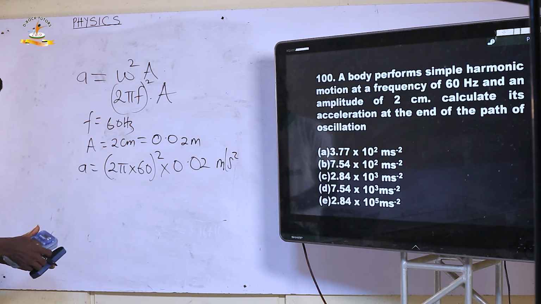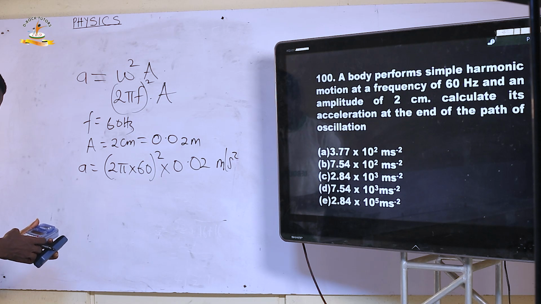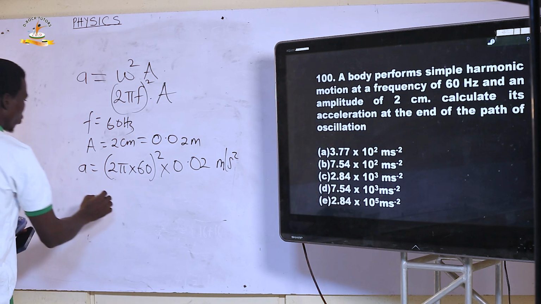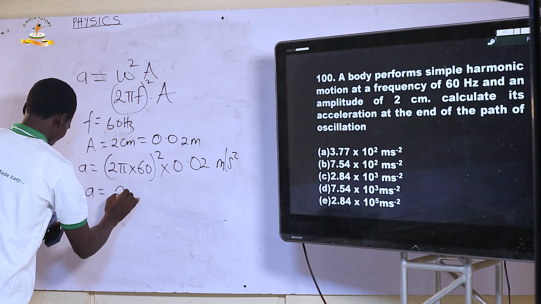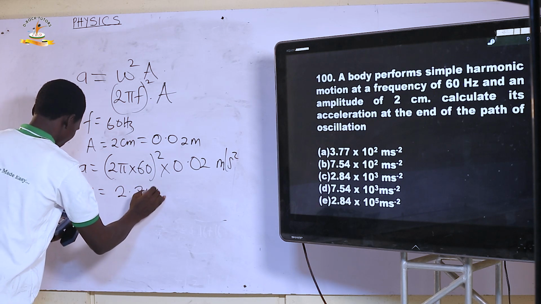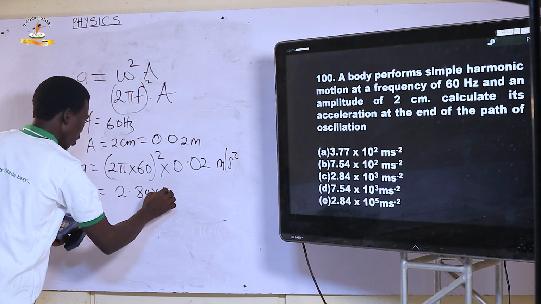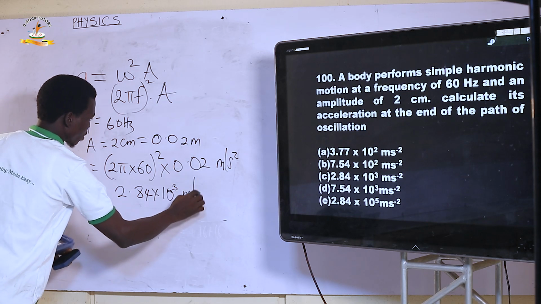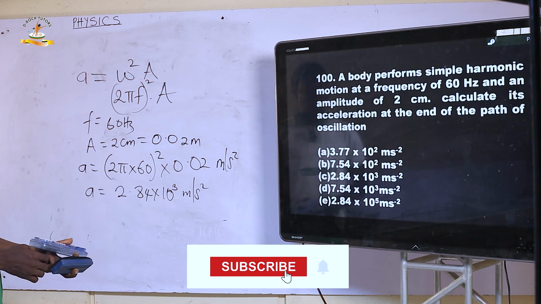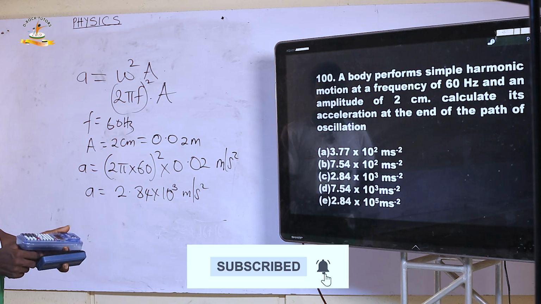When you do this, this is 2.84 times 10 raised to power 3 meters per second squared. That is the acceleration, and the correct option is going to be C.